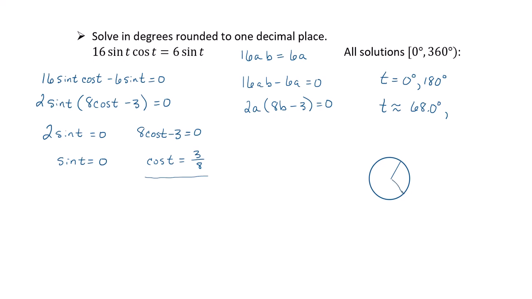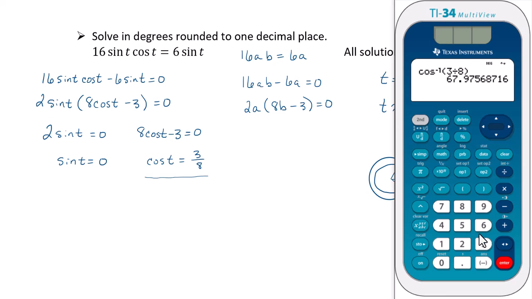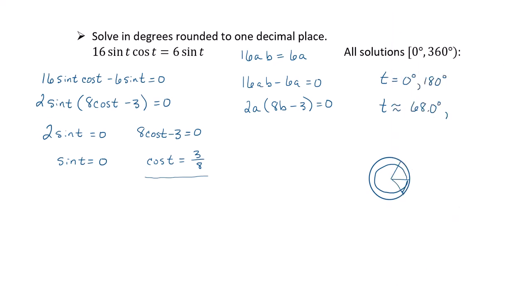Now remembering that we're on the unit circle here at 68 degrees, the cosine is also 3/8 somewhere over here. So to get to that, we're going to take 360 degrees and subtract off the 68.0 degrees. So 360 and subtract off that angle, and we get about 292.0 degrees.